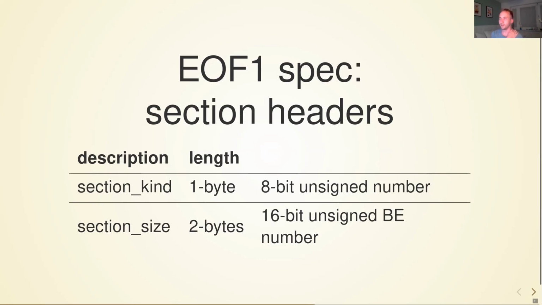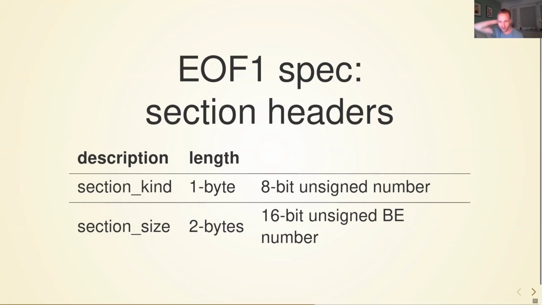So, section headers. In general, this goes above the code and data separation, but we want it to be generic enough, so these things are likely to change in the future. They are extendable to new section kinds, but we can keep the container format as specified in version 1.